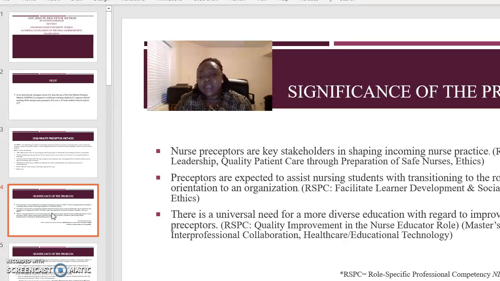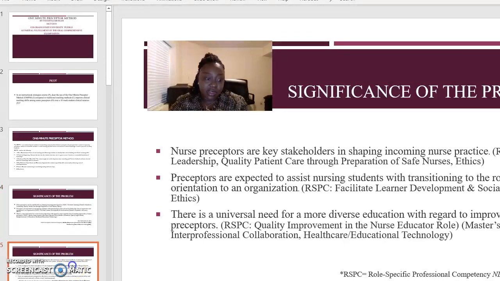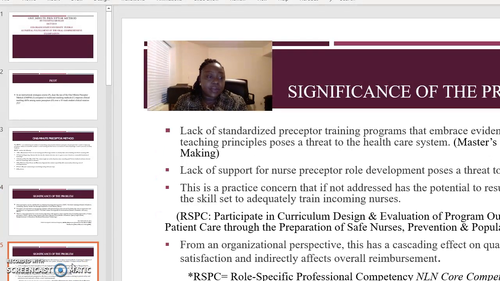There is also a universal need for a more diverse education with regard to improving the clinical teaching approaches for the preceptors. Also, as part of the problem, there is a lack of standardized preceptor training programs that embrace evidence-based methods of training in support of teaching principles.